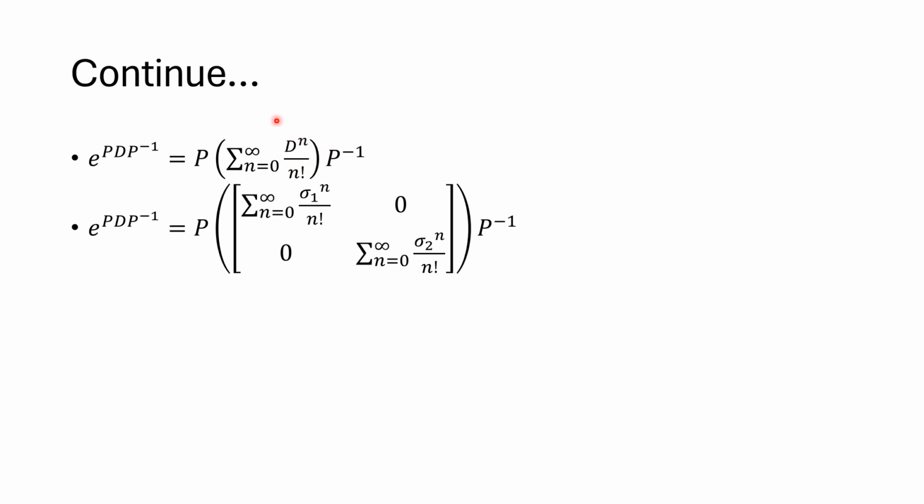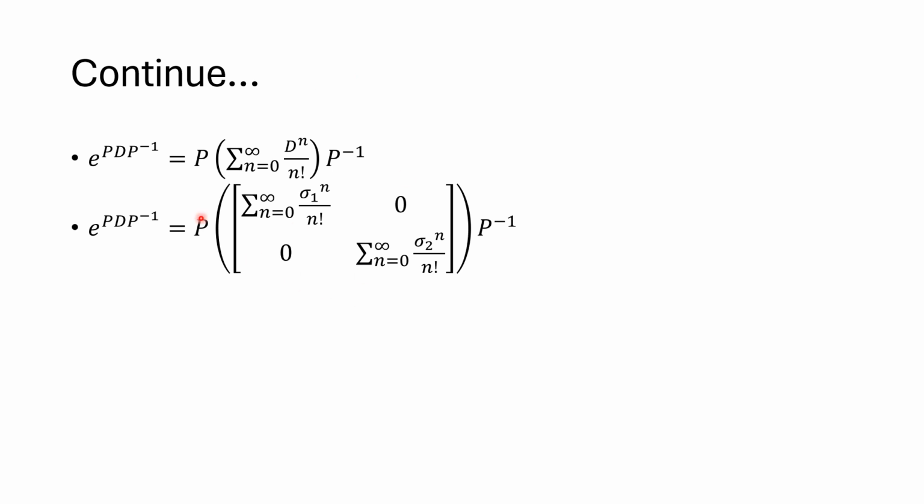Here's what I need you guys to do. For now, just ignore this part right here, the sigma notation and the denominator and factorial. Let's just consider this matrix D to the power of n. What is D to the n? Well, first of all, what is D? D is a diagonal matrix. And we know that when you raise a diagonal matrix to the nth power, the diagonal entries will also be raised to the nth power, right?